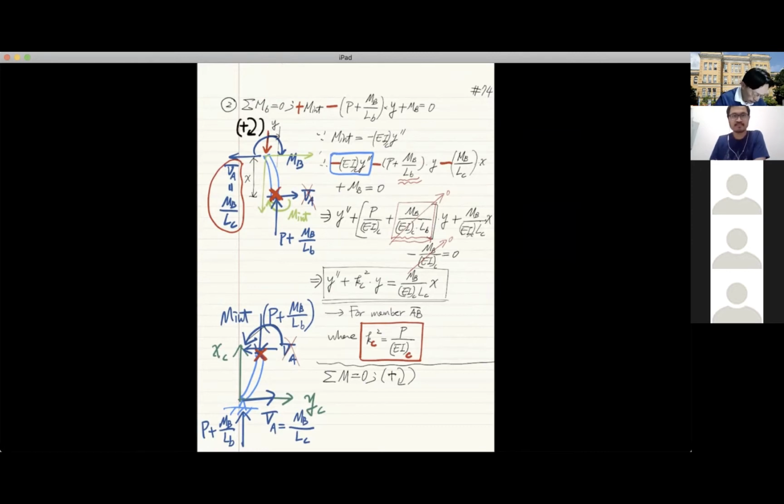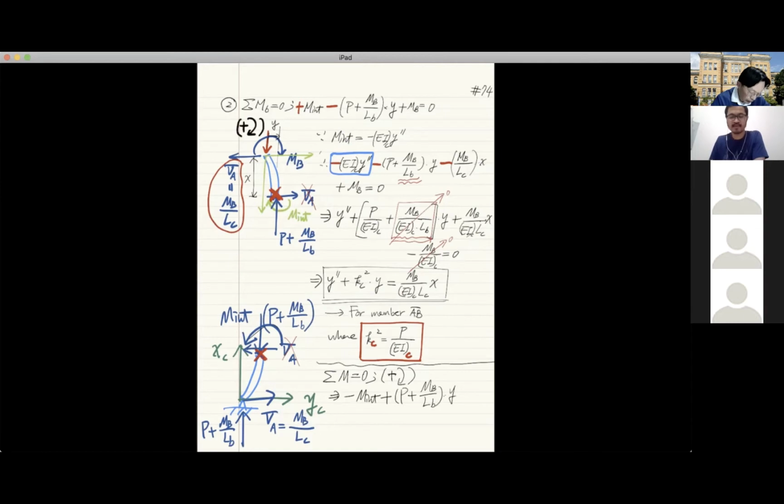The first one is the internal moment. Of course, that makes the internal moment negative. So it's going to be negative internal moment. The force P plus MB times L over LB will be positive. So we have P plus MB over LB times the direction, which is YC.